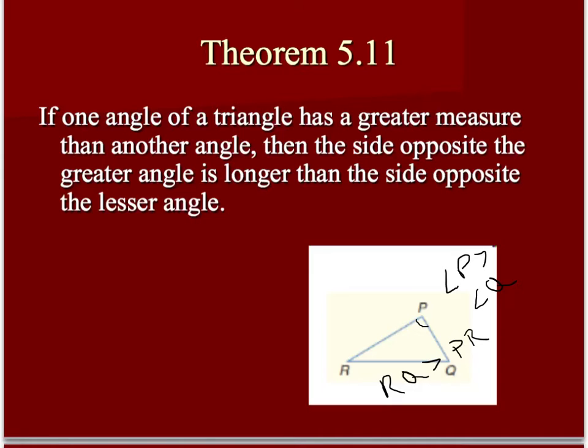So if one angle of a triangle has a greater measure than another angle, then the side opposite the greater angle is longer than the side opposite the lesser angle. So angle P is greater than angle Q, then RQ is greater than PR.